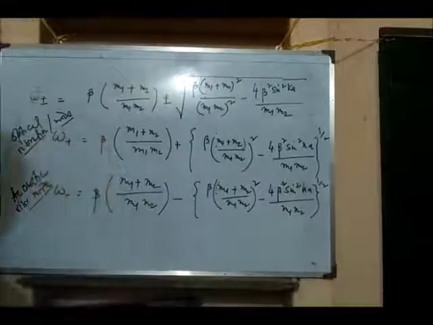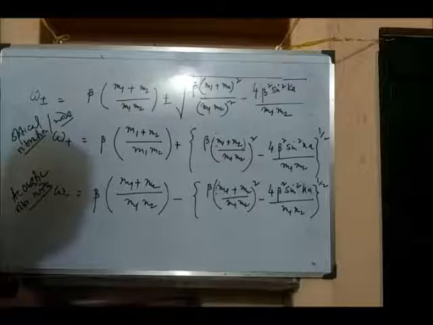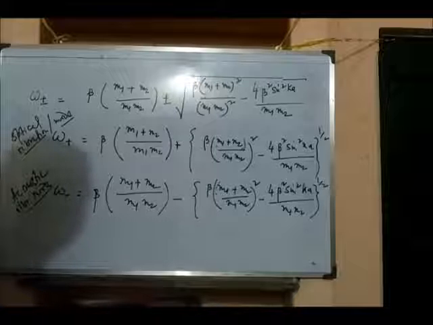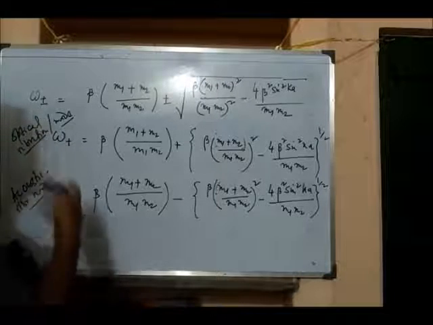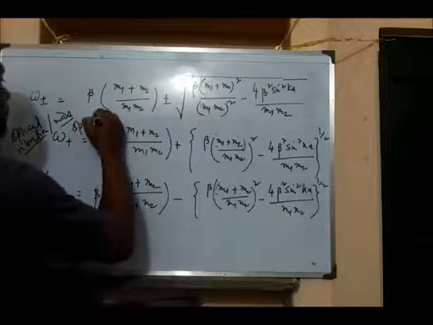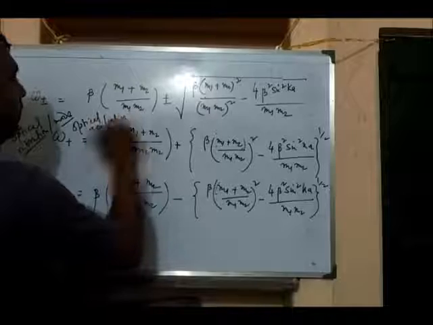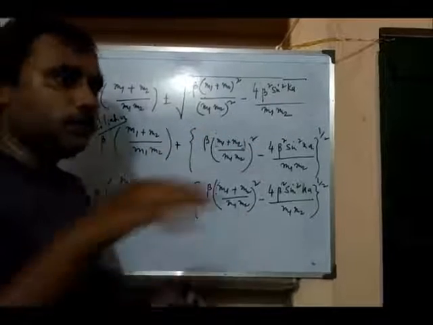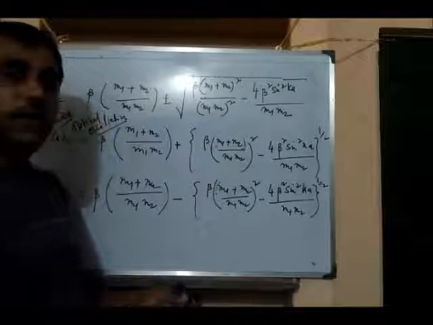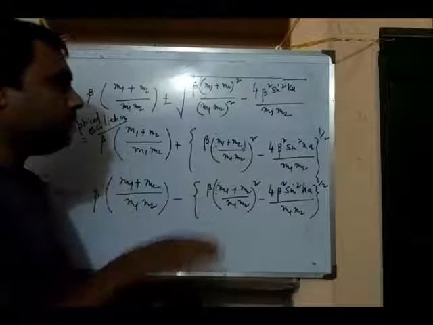So once you expose the crystal to some optical oscillation, some optical wave propagating through the crystal or the lattice points of the crystal, they vibrate with this omega plus mode.